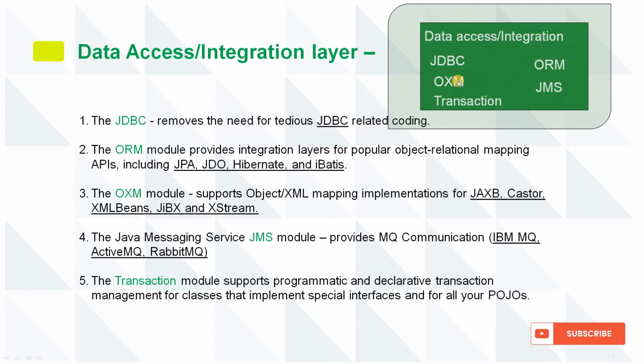This module provides integration with frameworks like Castor or JAXB, for example where you have to convert your object into XML or XML into object. JMS stands for Java Messaging Service. If you want to make use of MQ messages, the producer consumer concept, where you want to produce an MQ message or consume a message from a queue, you can use the JMS module. And this layer also provides database transaction management.